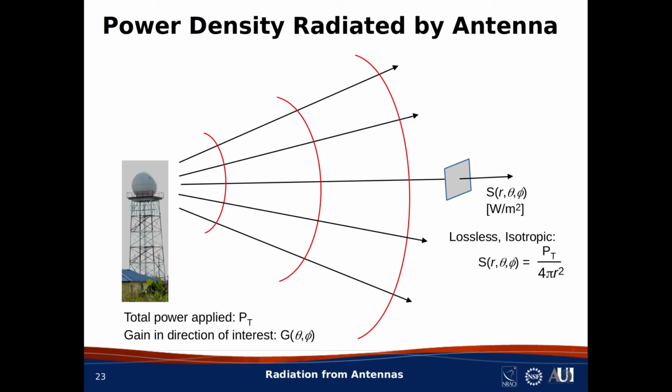We worked that out before. But now we know the power density will be greater by the gain. So, the actual power density in this case will be gain times power applied divided by 4 pi r squared. And that's all there is to it. So now you know how to compute the power density at any point around a radiating antenna.